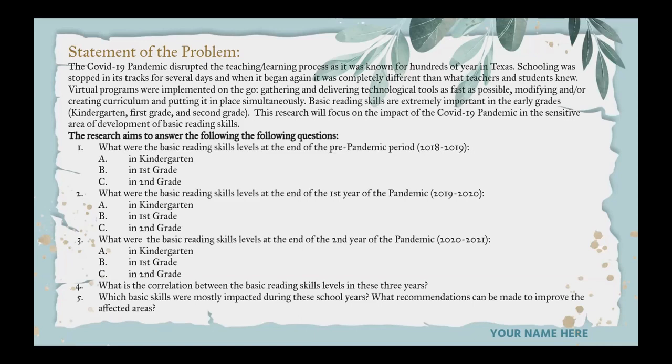Okay, so in our statement of the problem, we will find out in what particular level our kindergarten, our first grade, and our second grade belong. Are they in frustration level? Are they in independent level? Are they in instructional level in each school year? Okay. And then we're going to correlate this reading skill level in these three years.